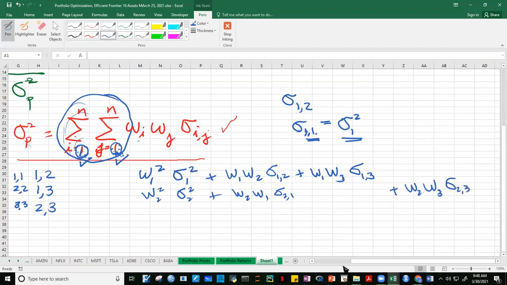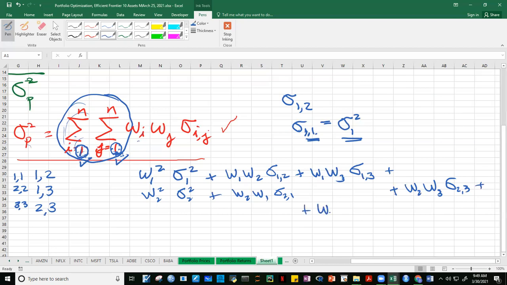Okay. And then the last, ano yung last? So may plus pa to ha. Plus lahat yan ha. 3 with 1 naman. Paano yung 3 with 1? Weight of 3 times weight of 1 times covariance of 3 and 1. Yun. Sige, tatapat ko siya dito ha.